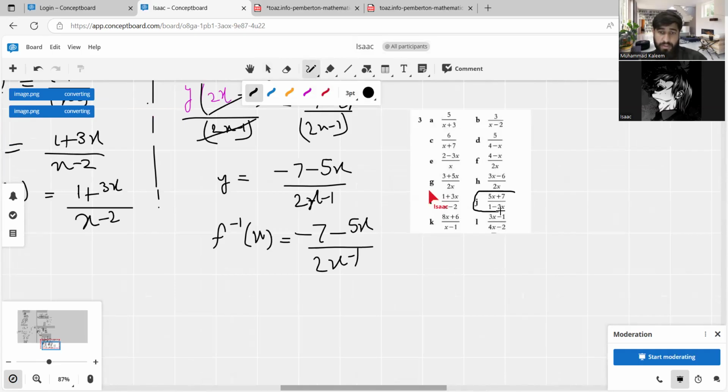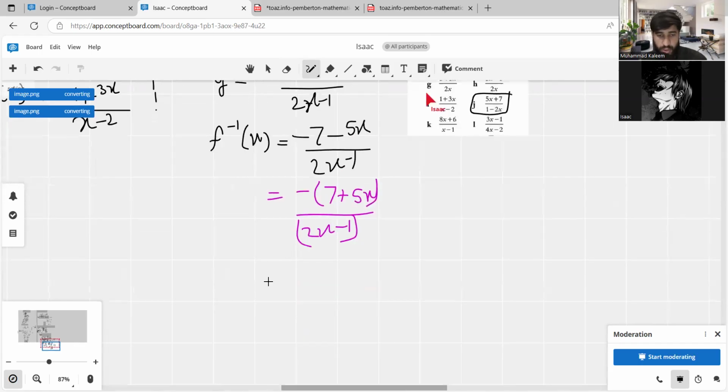Are we getting, oh, it's a different answer, right? But we have only a little bit of change. Is it possible for you to get this answer? What did they do? Did they simplify it? Yeah, but how? I'm not sure. They took the negative, oh yeah, they took the 7 to the other side, and then they moved this negative into the denominator because we can move the sign.